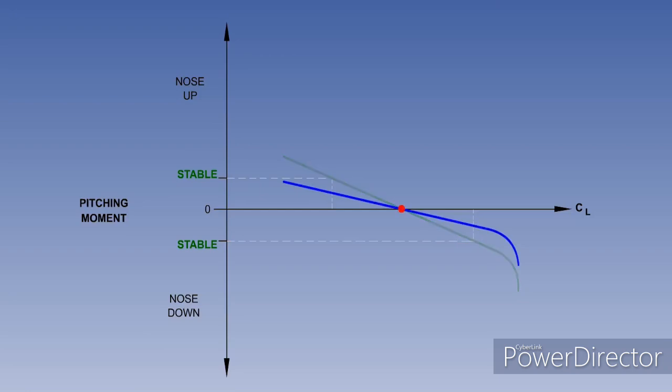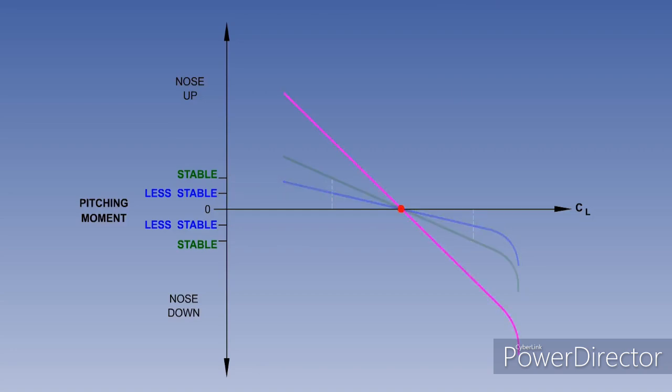Now we'll look at a decreased level of longitudinal static stability. The same increase in angle of attack has generated a smaller nose-down pitching moment. Reset the graph to equilibrium. The same decrease in angle of attack has also generated a smaller pitching moment, but this time nose up.